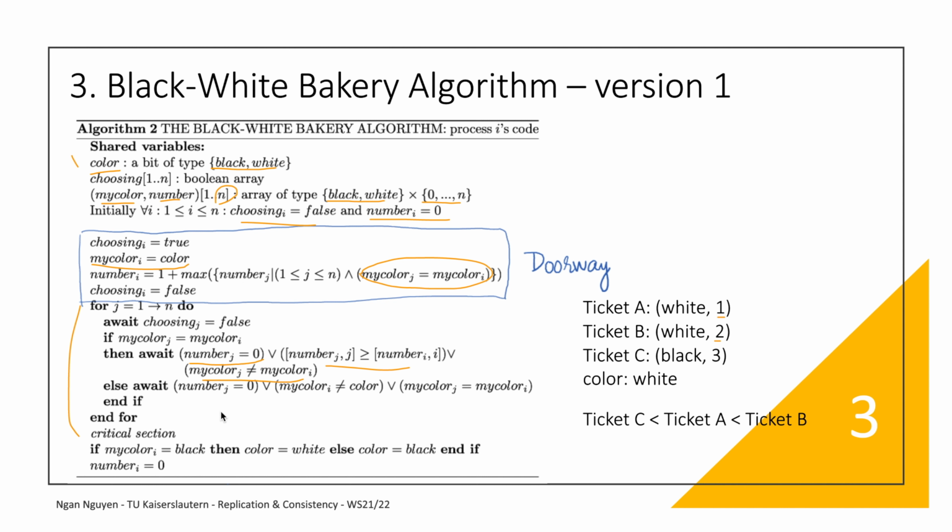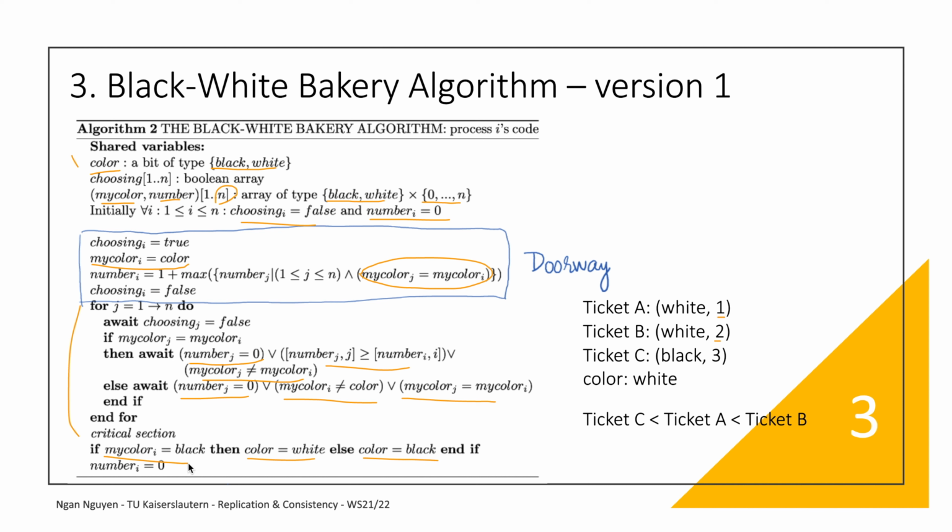In case they have different colors, then process i will wait until process j doesn't contend for the critical section anymore, or process i has higher priority because it has the color different from the color bit, or process j re-enters the doorway again. When process i exits the critical section, it will set the color bit to a value which is different from its current value.